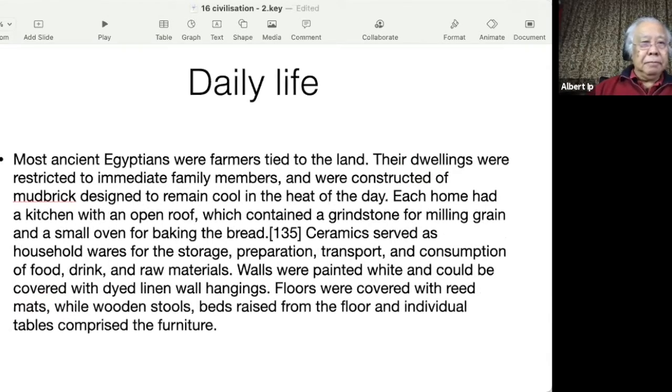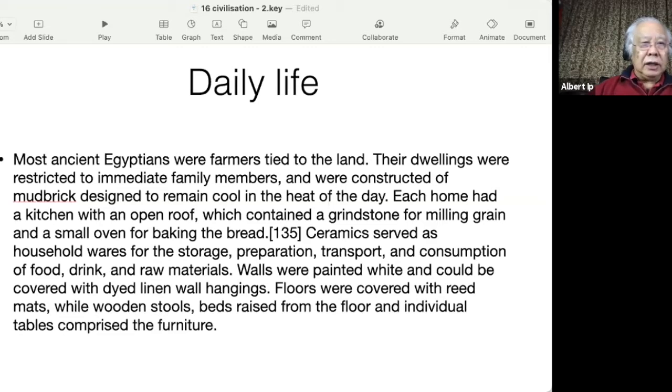Daily life. Most ancient Egyptians were farmers, tied to the land. Their dwellings were restricted to immediate family members and were constructed of mud bricks designed to remain cool in the heat of the day.